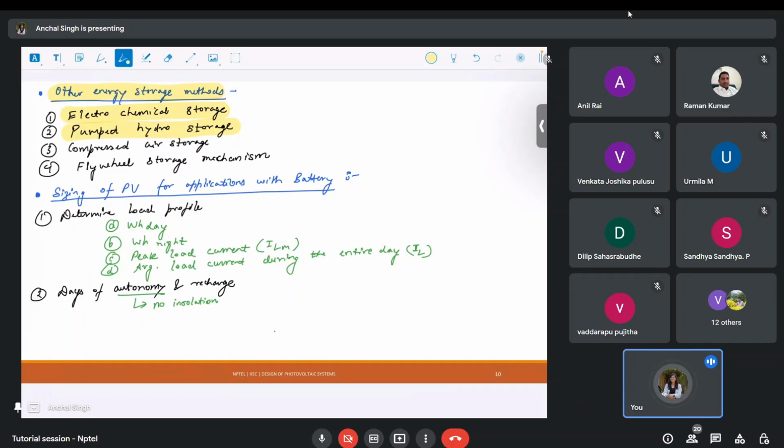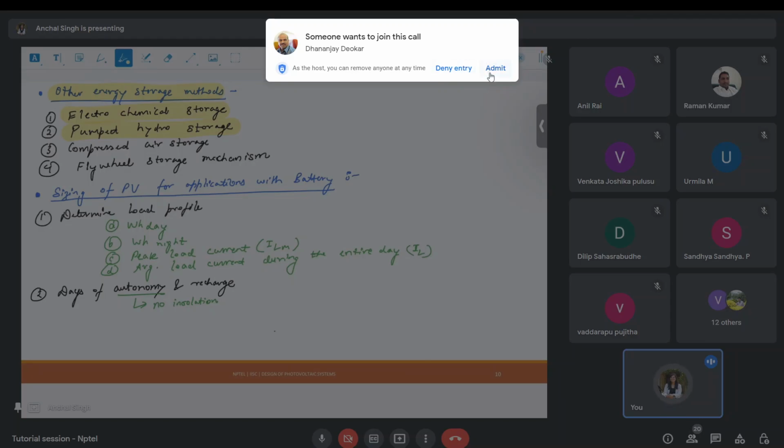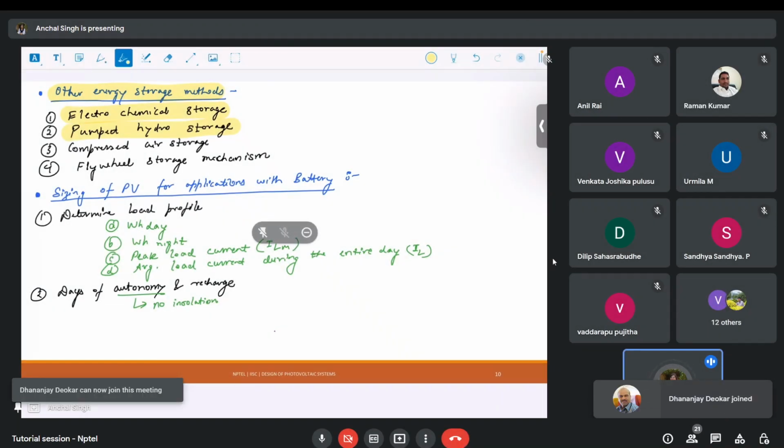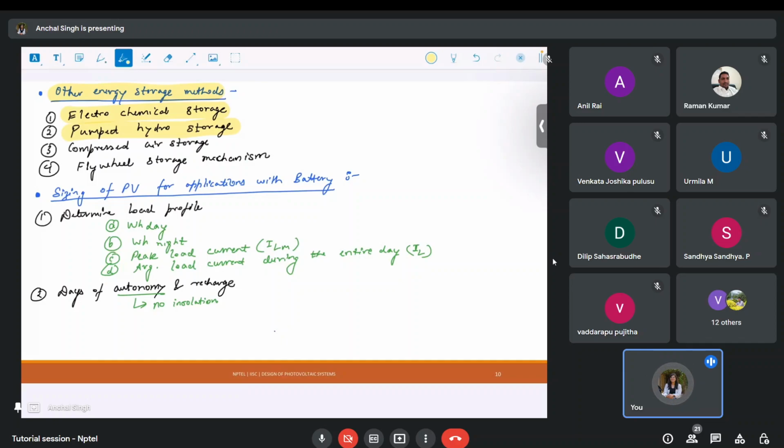And now when I want to discharge that energy, I will open the valve, water will fall from the high level to lower level and it will rotate the turbine. That turbine will be connected to the shaft of the motor and that motor will start generating. That means now I am converting the energy that I have stored in the water in the overhead tank and converting that energy again into electricity. So this is what happens in pumped hydro storage.